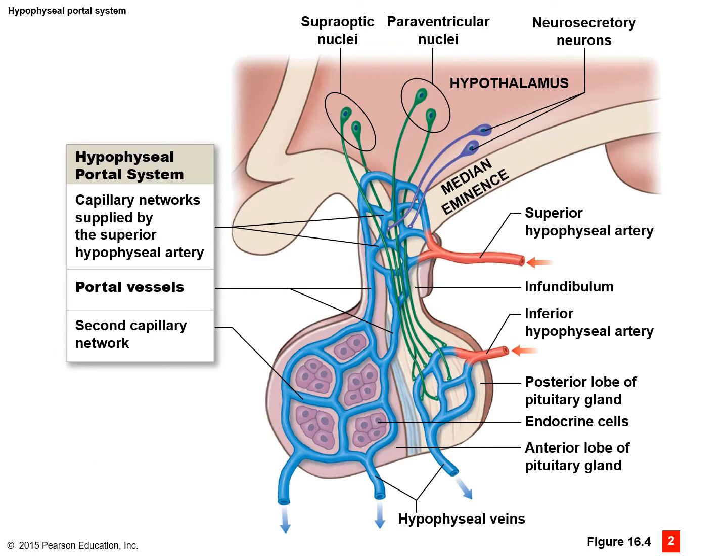Here we can see the diagram of these capillary vessels and how we actually get hormones from the hypothalamus into the anterior pituitary gland and then out to the body. First, the superior hypophyseal artery will bring blood into the capillary network in the hypothalamus.